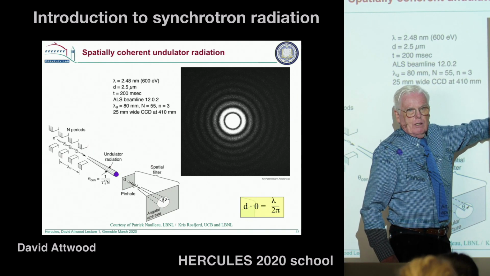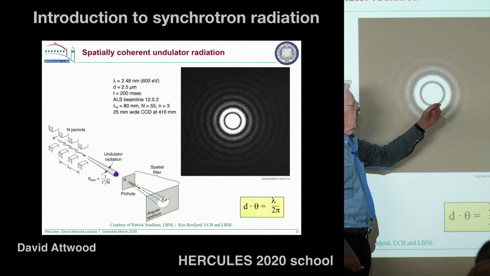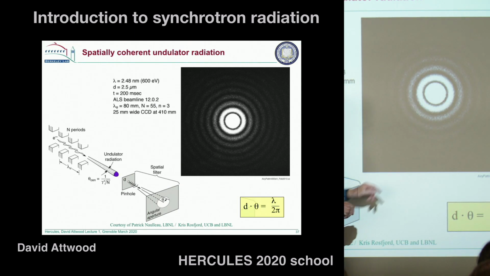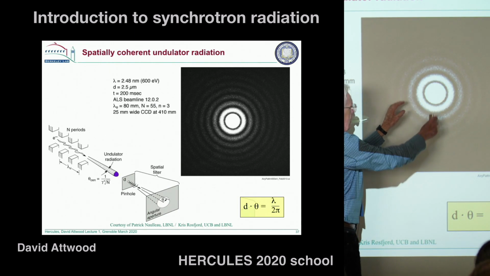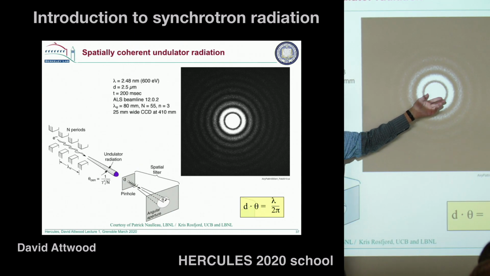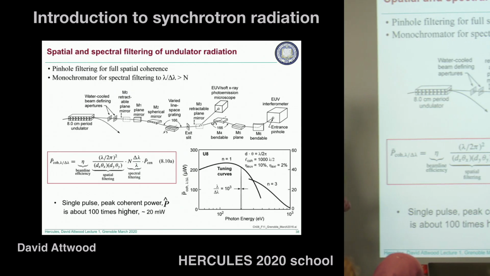This is the signature of coherent radiation. This is the central lobe of radiation, and because of diffraction from the edge of the pinhole, you get these other rings, but this would be the middle. This is extremely bright. This would be our spatial filtering. So we actually do that at the synchrotron.